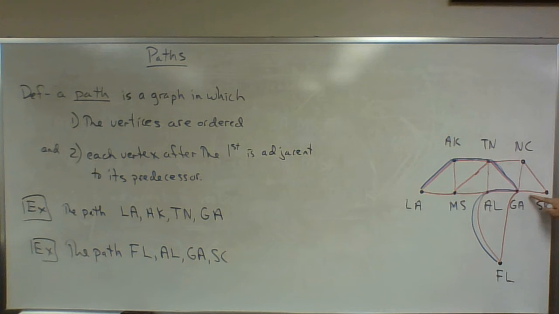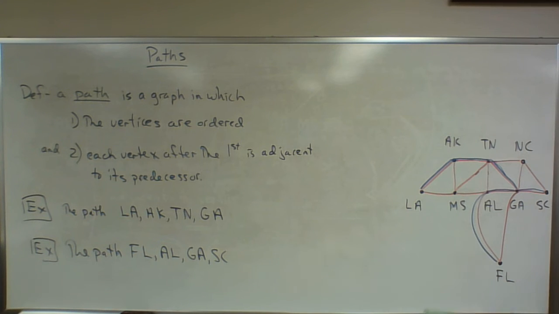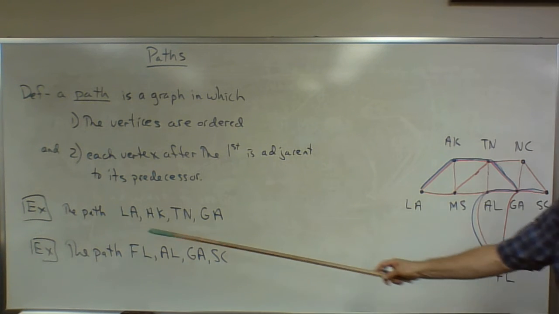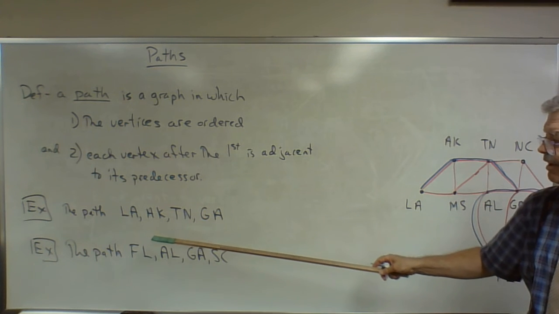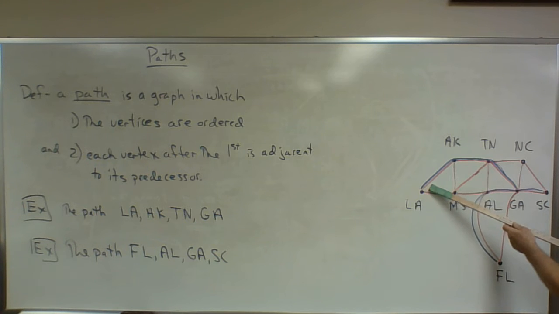Are they adjacent? Yep, they're joined by this edge. So the path Florida, Alabama, Georgia, South Carolina is this blue succession of vertices and edges. The path Louisiana, Arkansas, Tennessee, Georgia is this blue succession of vertices and edges.